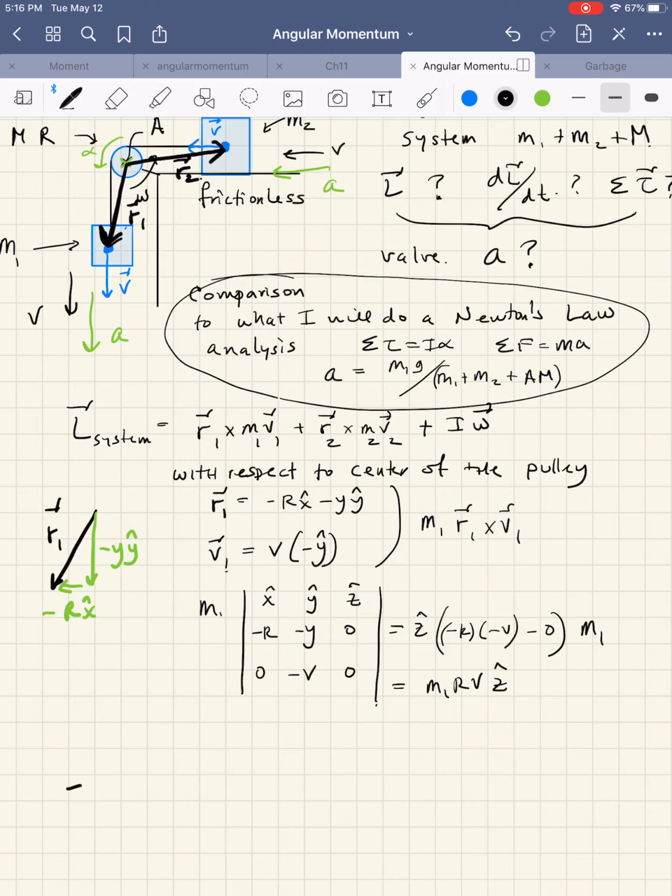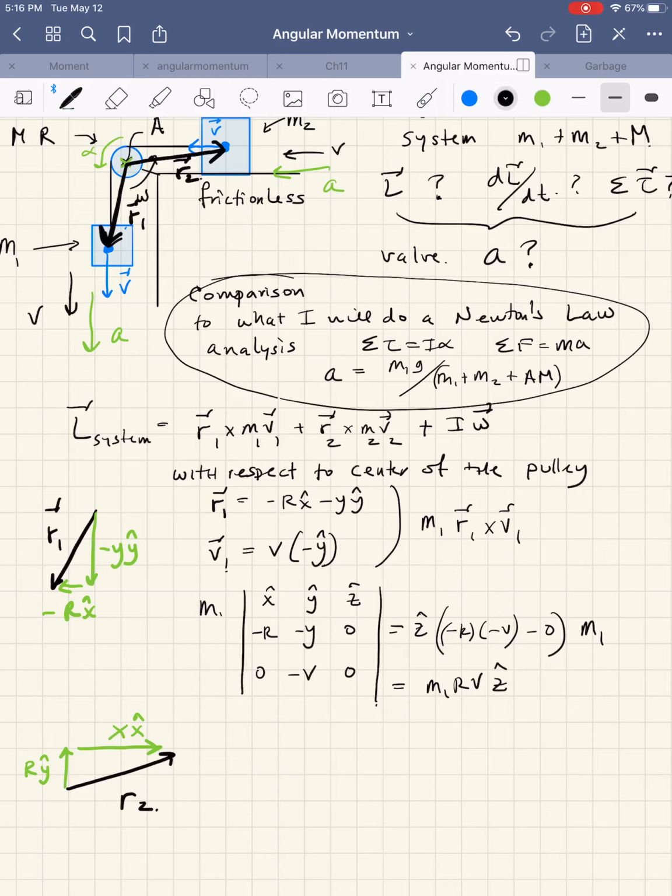For my r sub 2, I also have a similar situation where one of my components is just the radius of this pulley. I've drawn it very specifically this way. I don't know this other quantity, but that's okay. I'm going to just write it as x and this as r. And r would be in the positive y hat and x would be in the positive x hat.